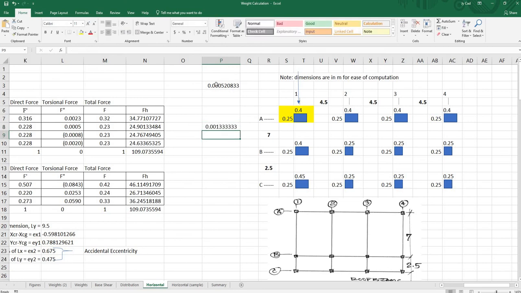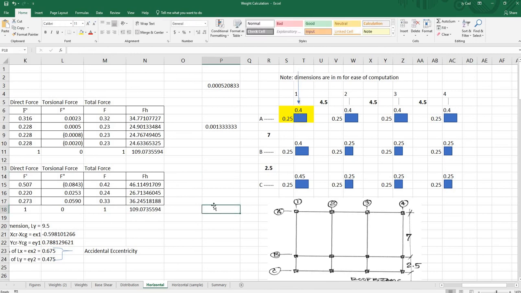See? Ito 0.005. Doon sa earthquake na longitudinal ang direction, 0.0013. Ibig sabihin, mas malakas yung ganitong layout, mas malakas yung column mo sa longitudinal earthquake. Okay? Ngayon, yung column mo, mahina siya sa transverse direction ng earthquake.